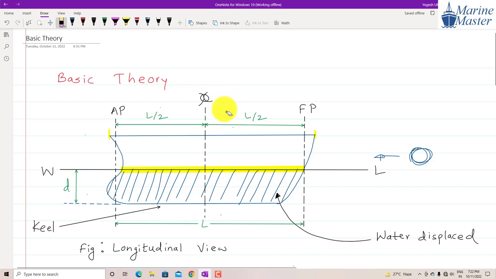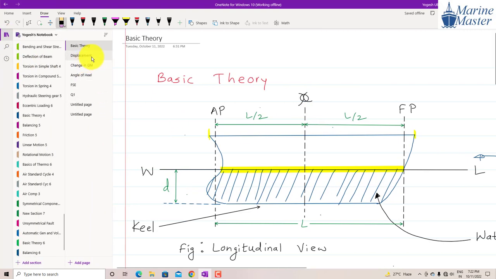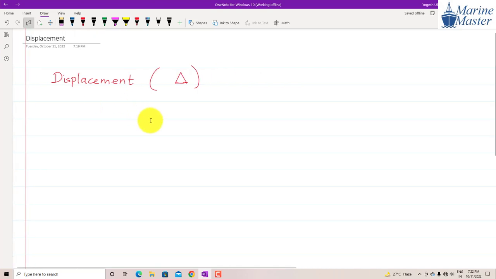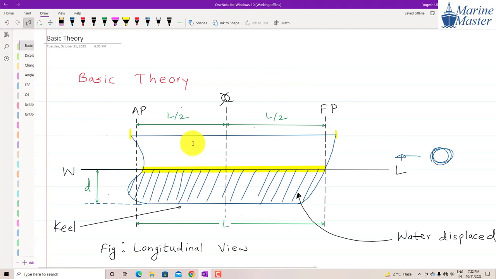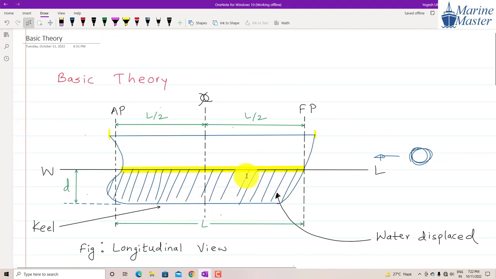So now we are studying what is meant by displacement. In naval architecture, displacement means the mass of vessel, or rather, see how much water is going to be displaced from this portion.